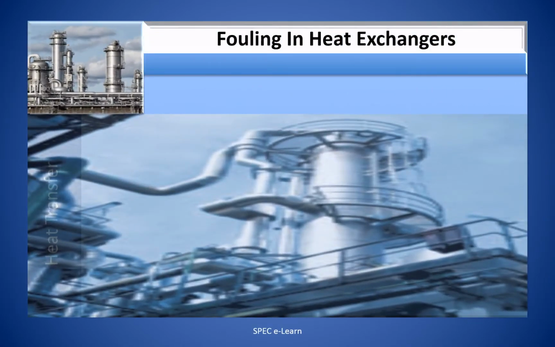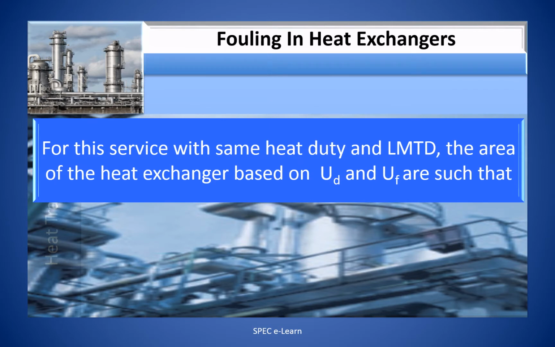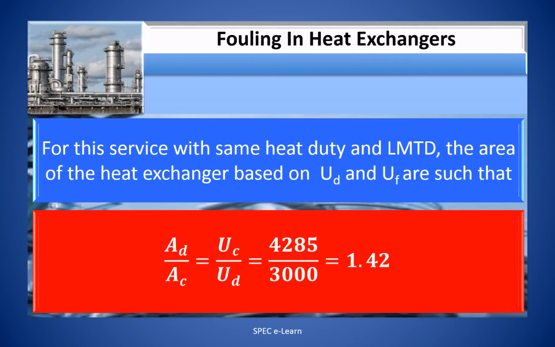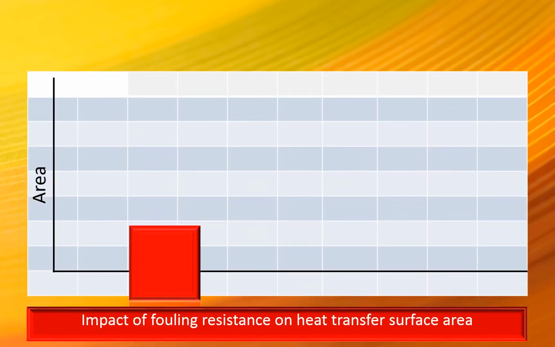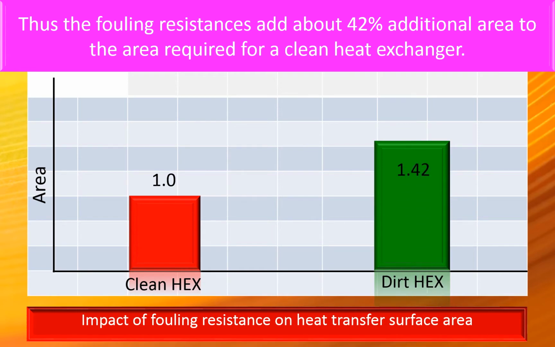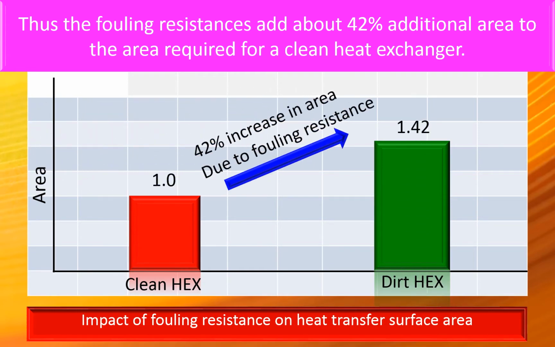For this service with same heat duty and LMTD, the areas of the heat exchanger based on UD and UC are such that AD/AC = UC/UD, which is equal to 4285 divided by 3000, which works out to 1.42. Thus, the fouling resistances add about 42% additional area to the area required for a clean heat exchanger as depicted below.